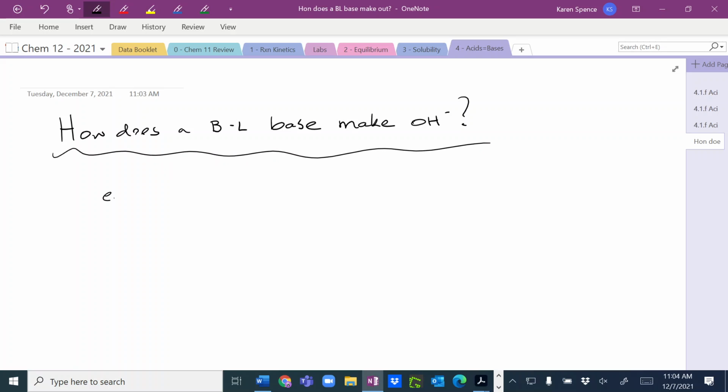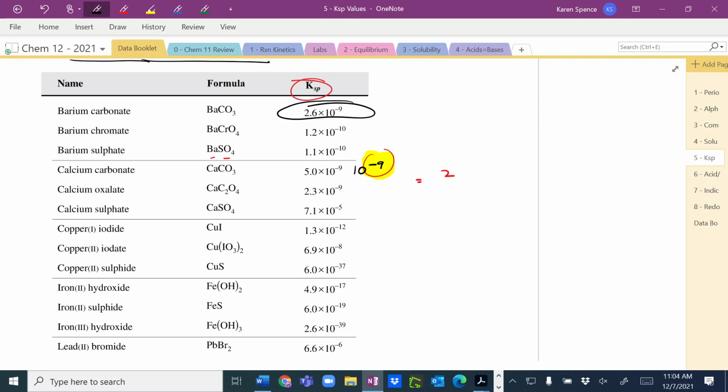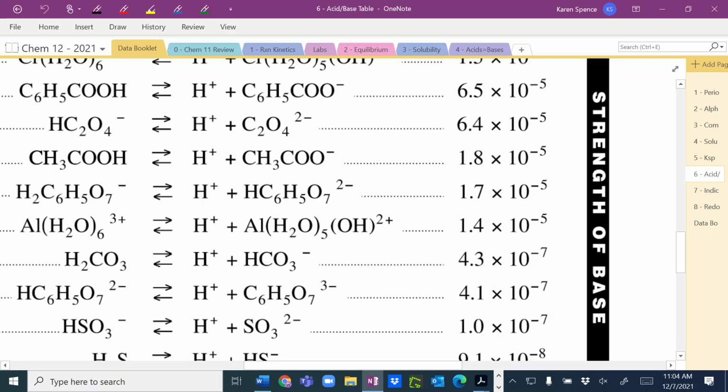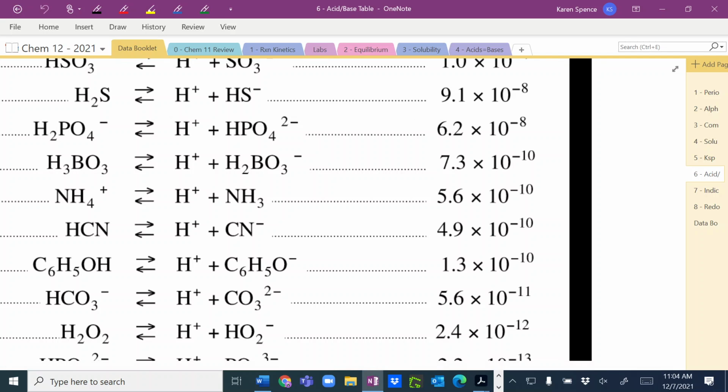So for example, NH3. If we look on our data booklet, acids and bases, page 6, and we look for NH3, here it is right here.